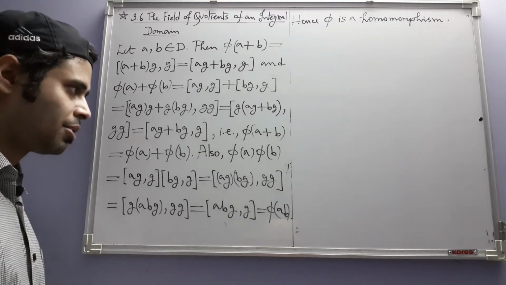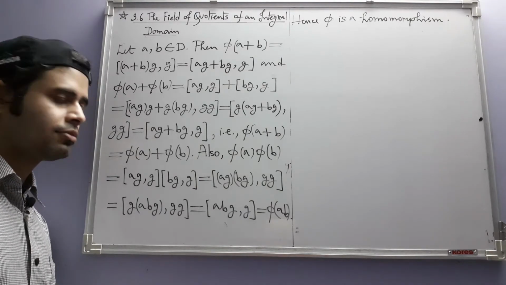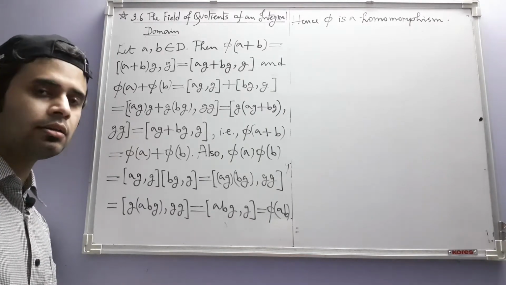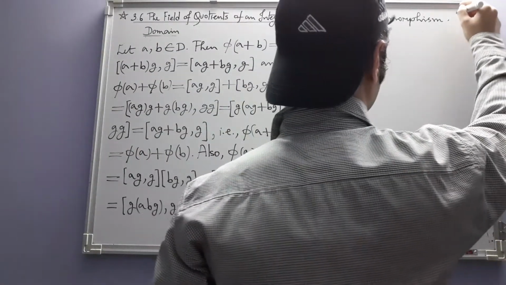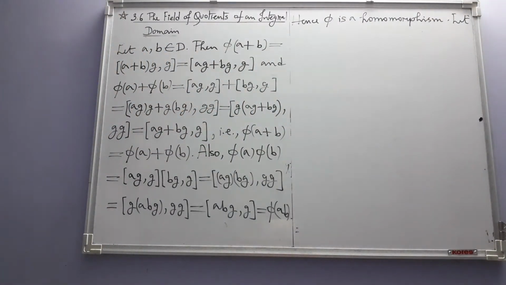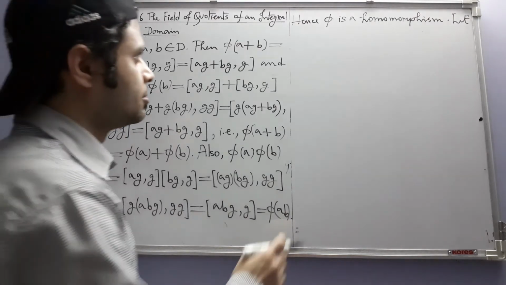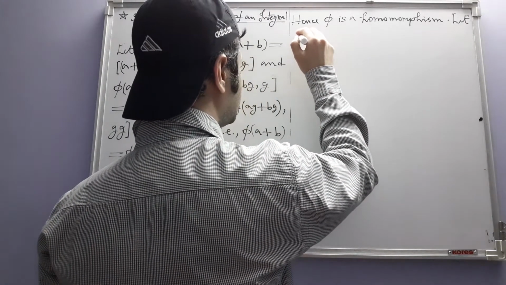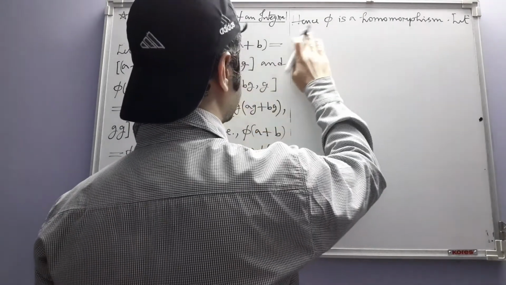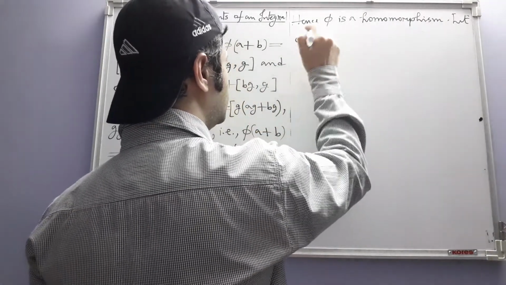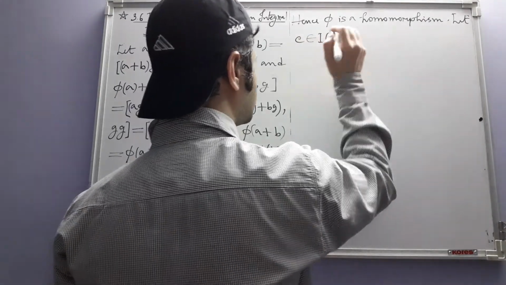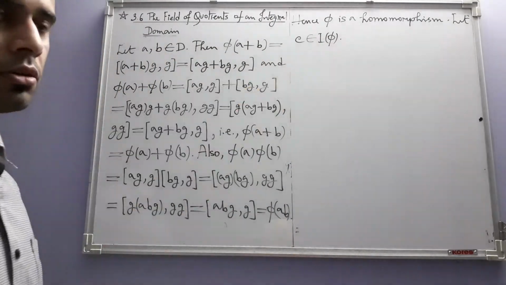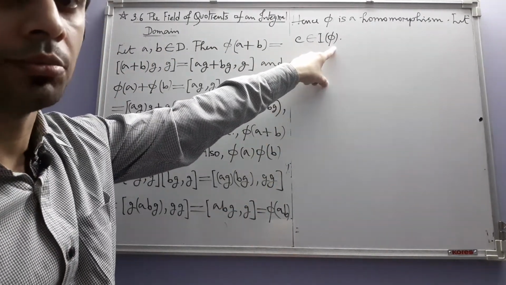That amounts to showing that the kernel of the homomorphism consists of only the zero element in the integral domain D. Okay. And you know that since we are dealing with ring homomorphisms, kernels are ideals. So let A be, we have already taken A, no? So let us take C to be an element in the kernel of this homomorphism. You remember this notation, this denotes the kernel of a ring homomorphism.